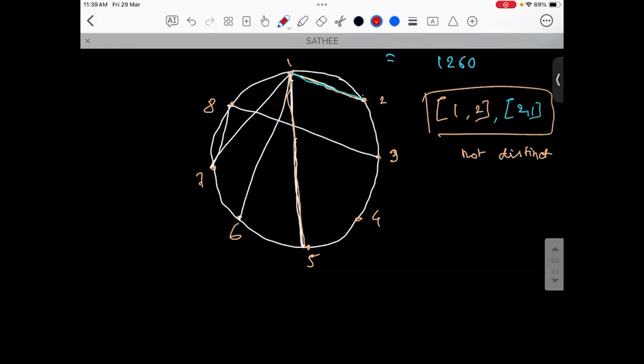Why not distinct? Because they are two indistinguishable lines. There is no difference among them.